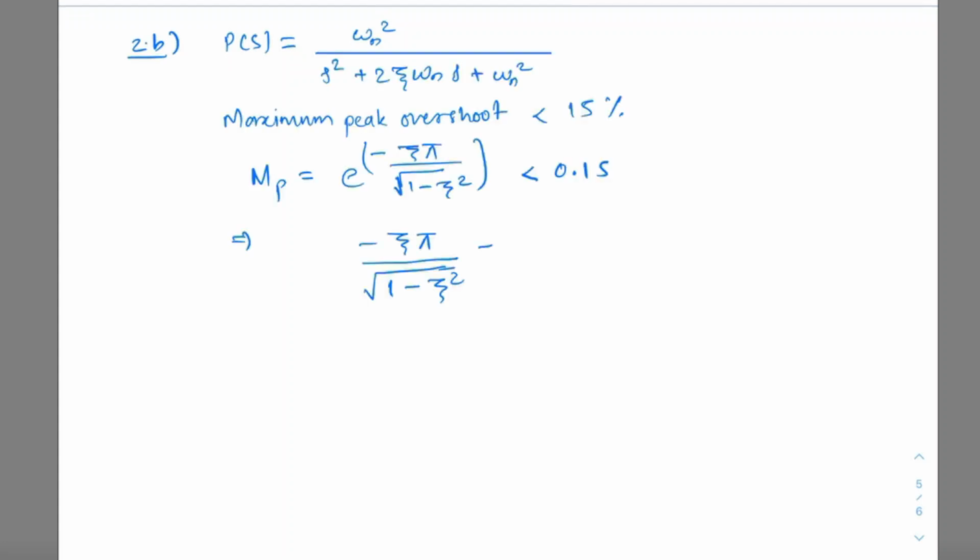So if we take log on both sides, we'll have minus zeta pi, this implies zeta over, and if we try to figure out the value for zeta, that comes out to be 0.5169.